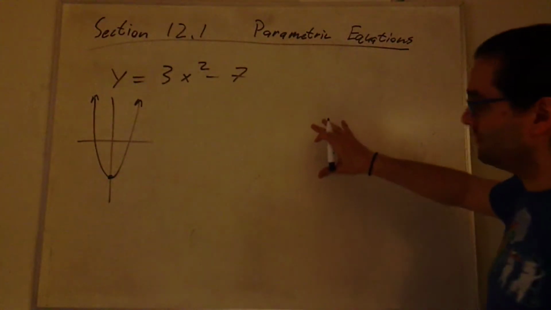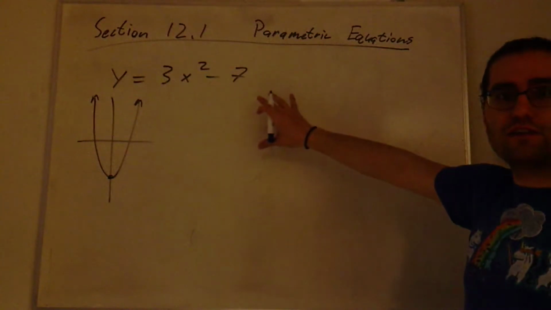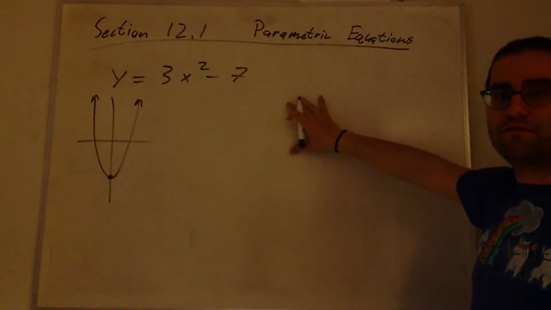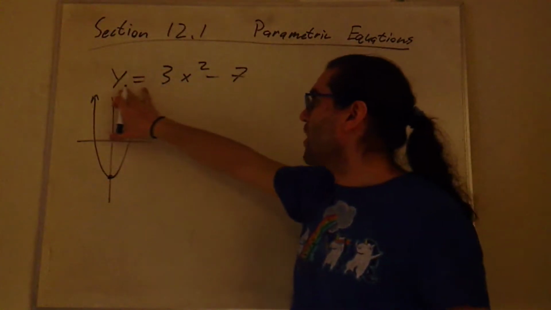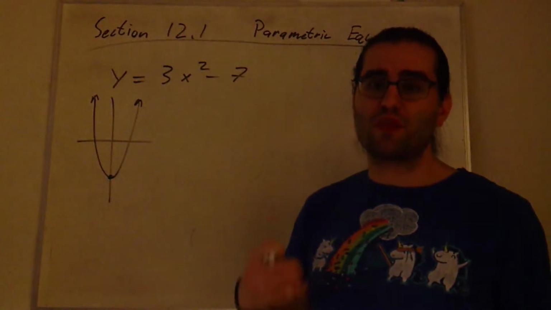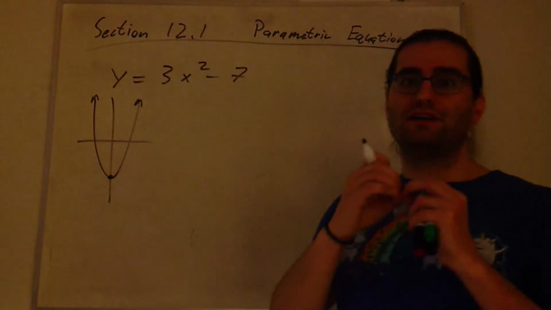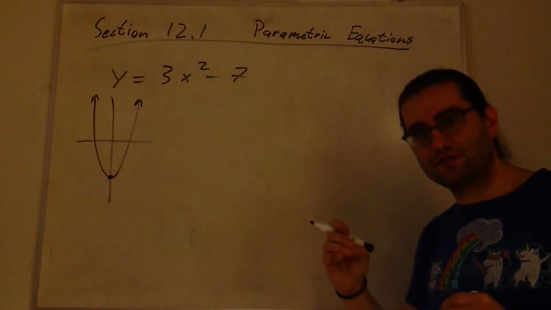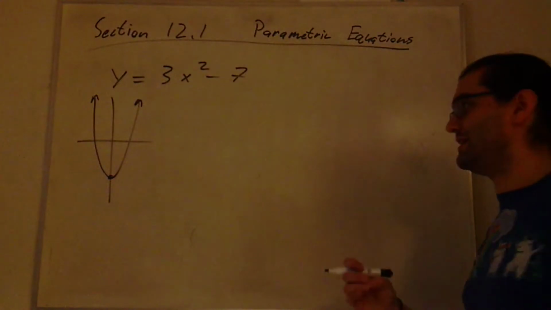Consider a kind of function where instead of x and y being directly related to each other, x and y are both separate functions of a third input variable called t.